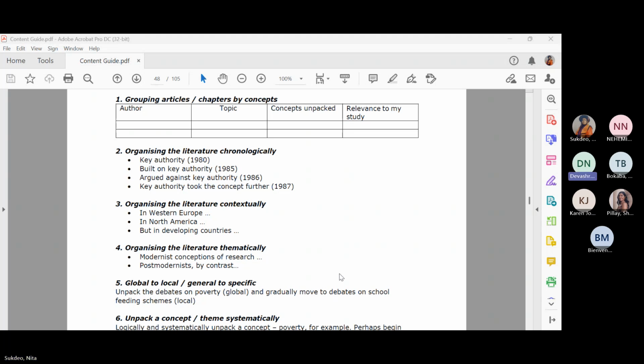Thanks, Prof. So plagiarism is no doubt a very precarious issue now with the advent of AI. So I ask students to turn their literature reviews in.